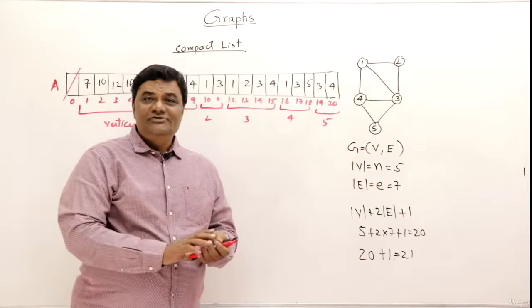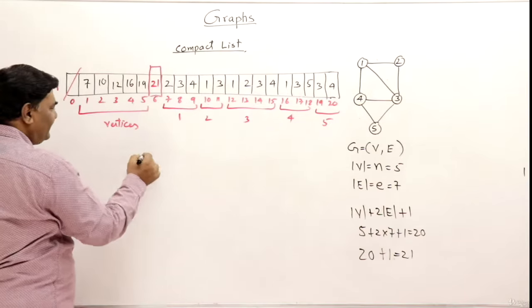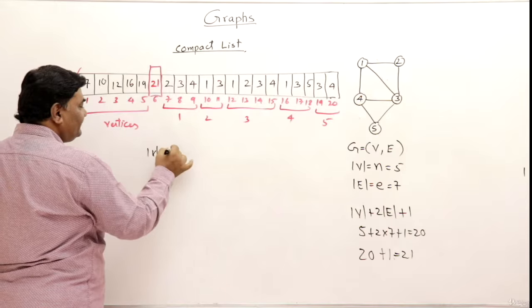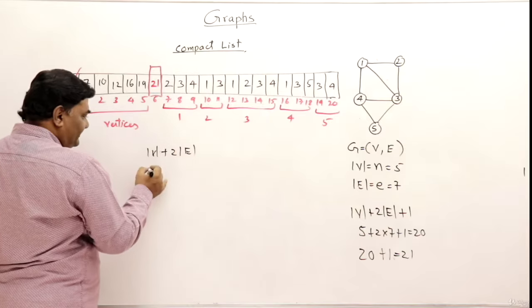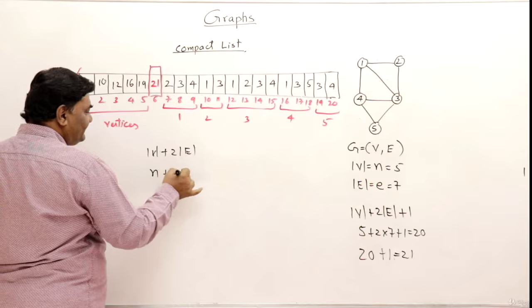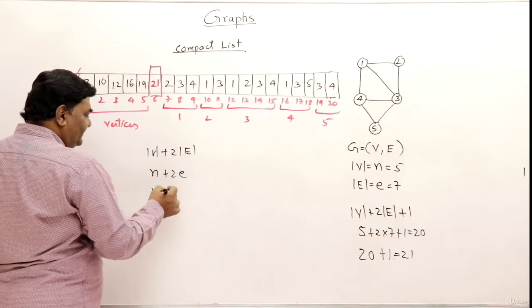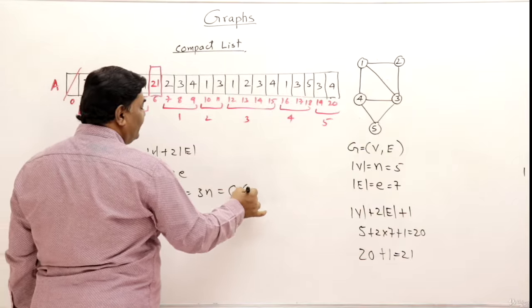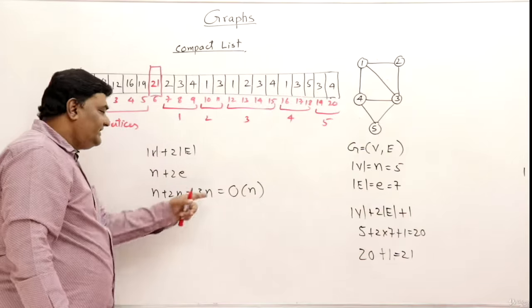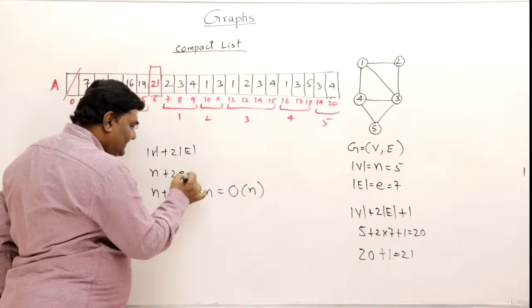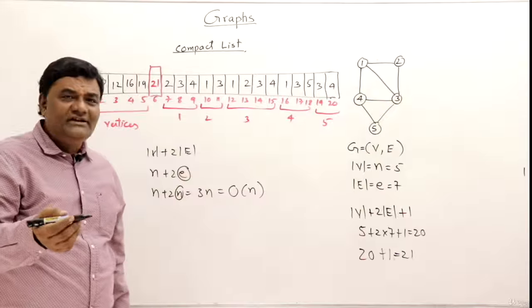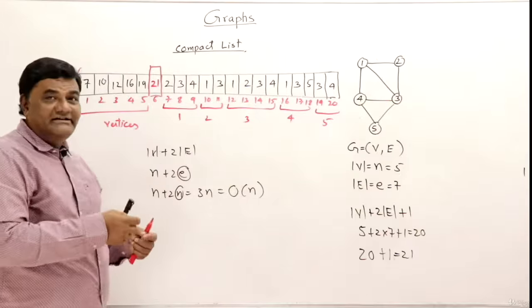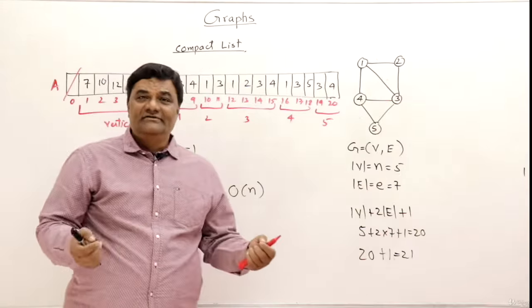Then what is the space consumed by this one? This is the number of vertices, n, and the number of edges twice, so plus 2e. If we say e is also equal to n, this is 2n. So total it is 3n. It is order of n, so it's linear. We assume that n and e are linear values.